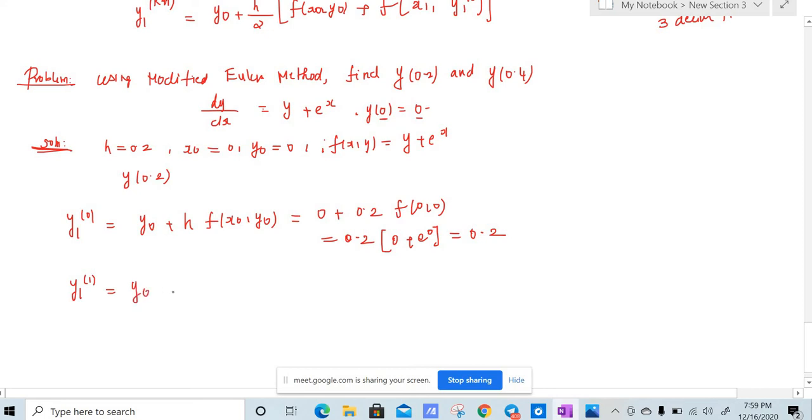Now we will find y1 of 1. y1 of 1 is y naught plus h by 2 into f of x naught comma y naught plus f of x1 comma y1 of 0.